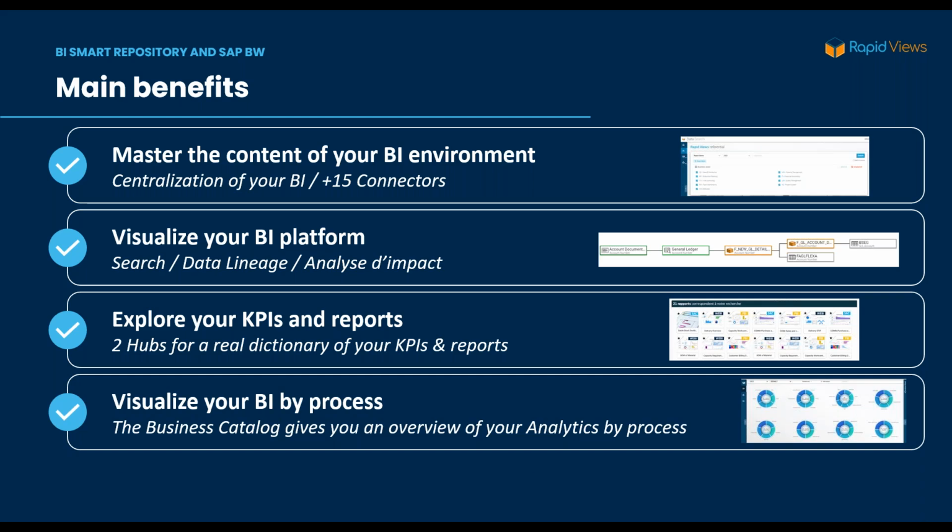I don't talk about this feature in the webinar because the webinar is focused on BW migration or BW objects, but we have a feature in the BI Smart Repository that allows customers to create their own processes or their own services to organize any object, report, BW cube, or table in a business process. And in the search bar, customers can search by type of object or search by process.